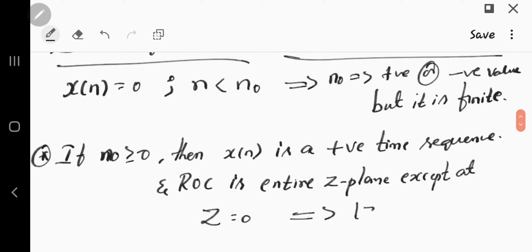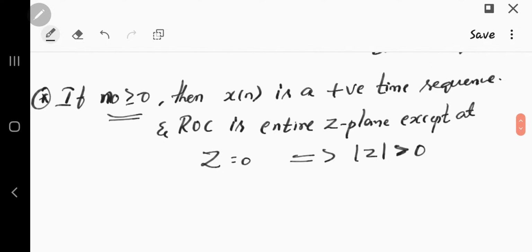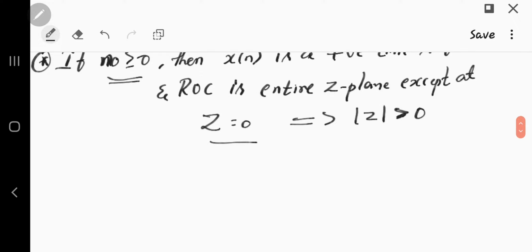So if we have n naught greater than or equal to 0, it is considered a positive time sequence, and the region of convergence will be the entire Z plane except at the origin, that is Z equal to 0. So that's why this ROC lies above 0, that means greater than 0, only for the positive durations.